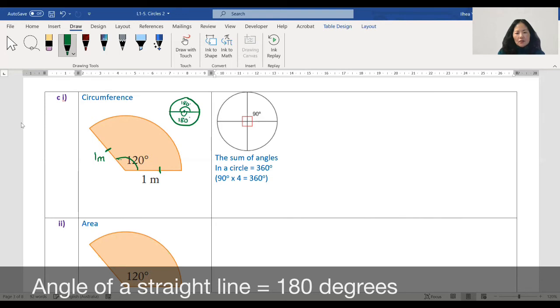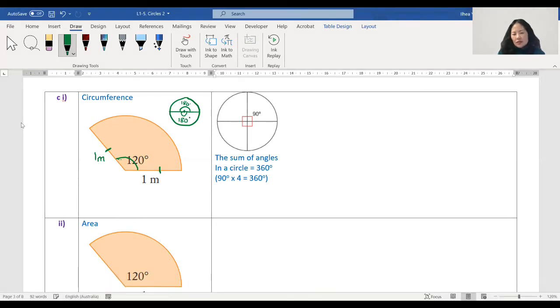So when you add 180 plus 180, it will be 360. Or you could just do 90 times 4 equals 360, because when you quarter, divided by 4, each section will be 90. Okay, so if you do 90 times 4, you will get 360. That's why the angle sum of a circle is 360.